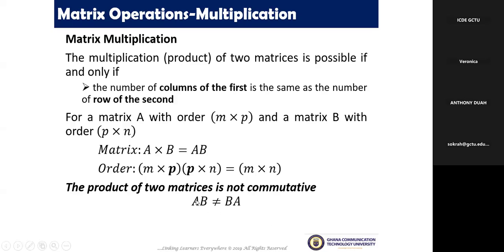So if you multiply A times B, the answer you get can never be the same as B times A. That is why if you are given two matrices A and B and you are asked to multiply, you should follow in that order. If the question gives you A first, when you are copying the matrix, bring A first before you bring B. If you make a mistake and bring B before A, the answer you get will be wrong.